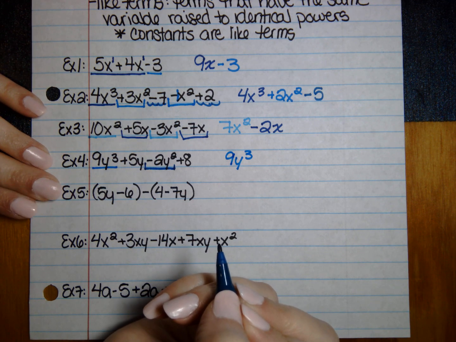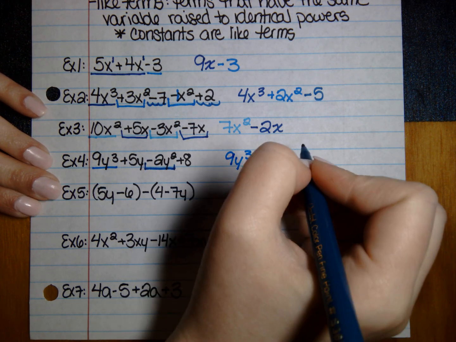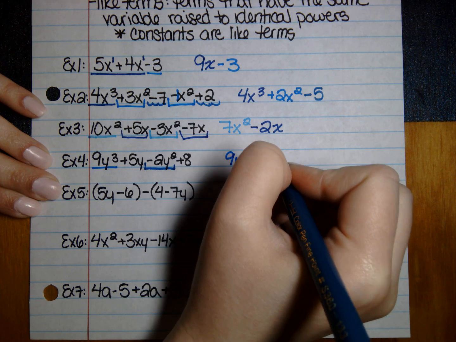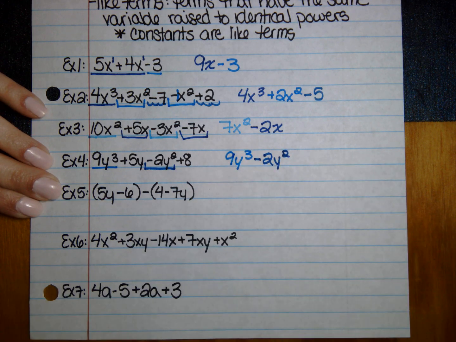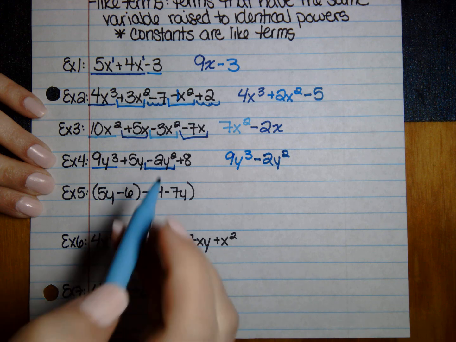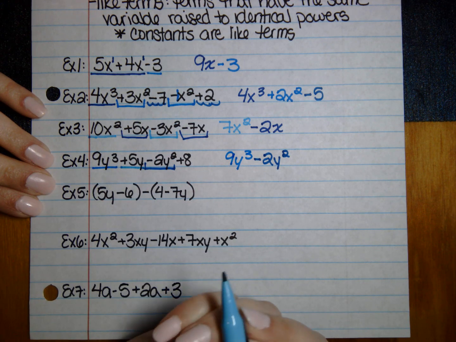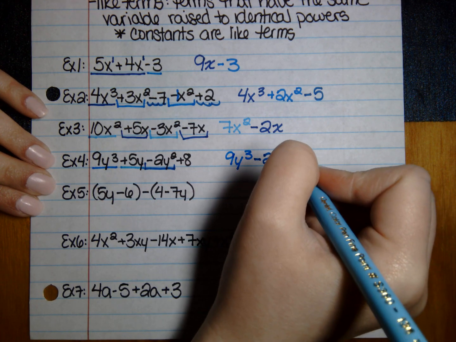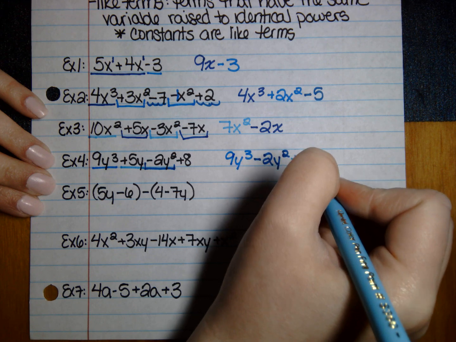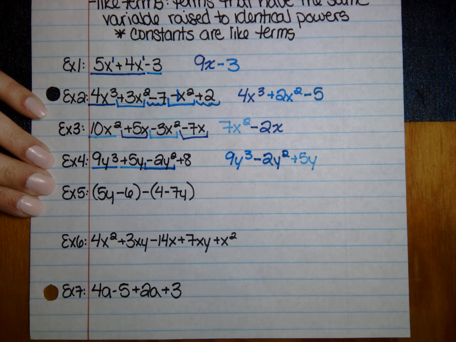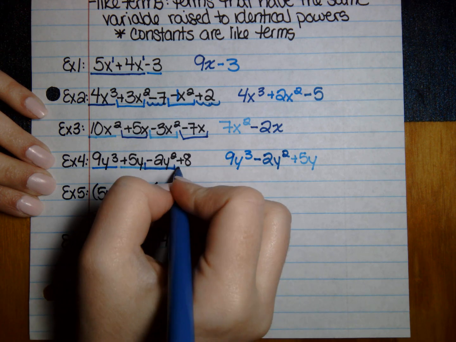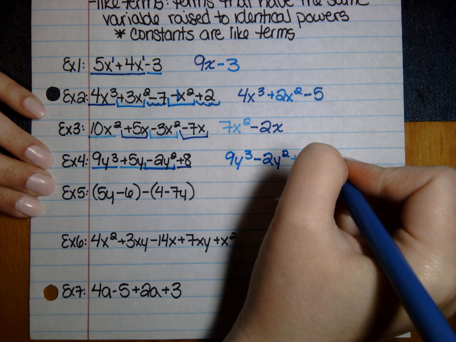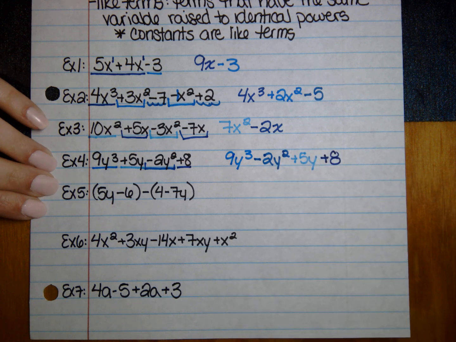I don't have any other y squared, so I'm just going to copy it down as -2y squared. My next would be a single y. I only have one of those, so I have a plus 5y. And the last piece that I'm looking at is the positive 8. Again, I don't have anything else, so I'm just going to put plus 8 at the end.